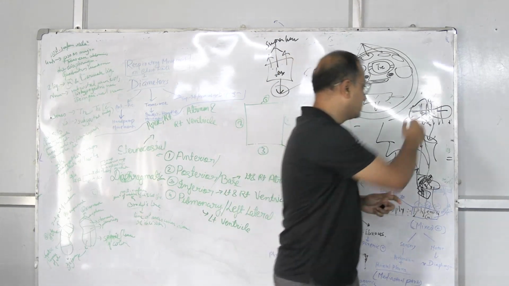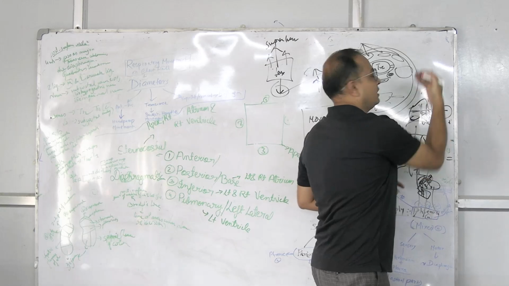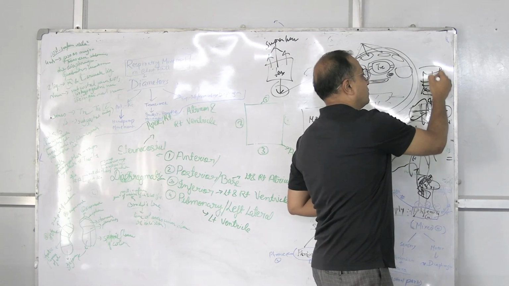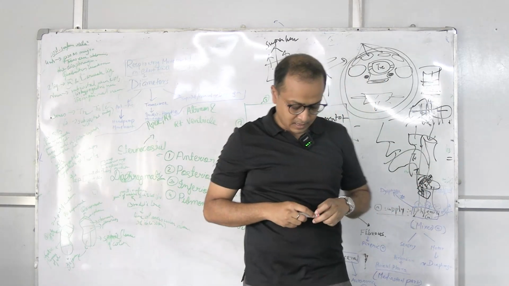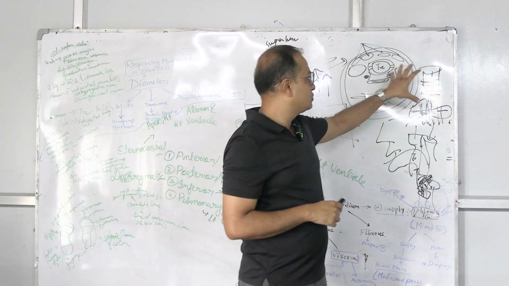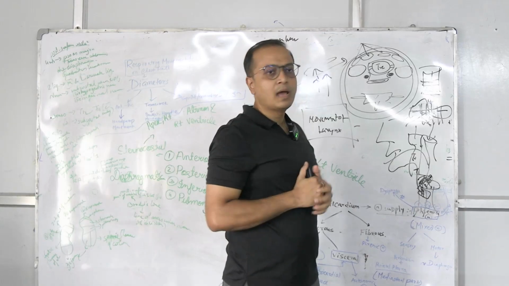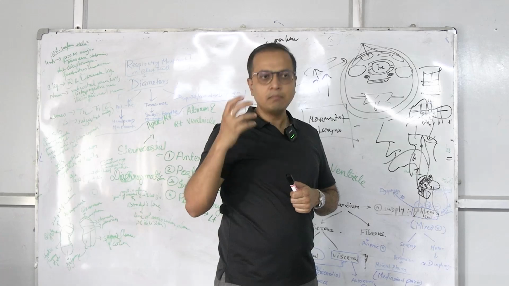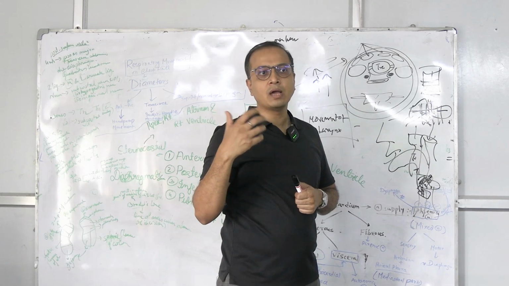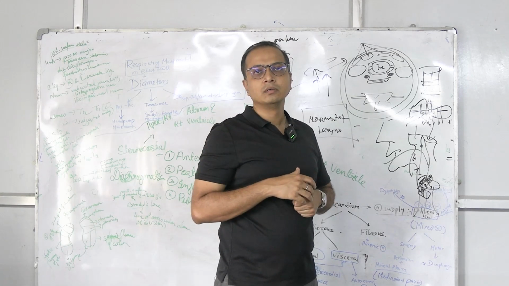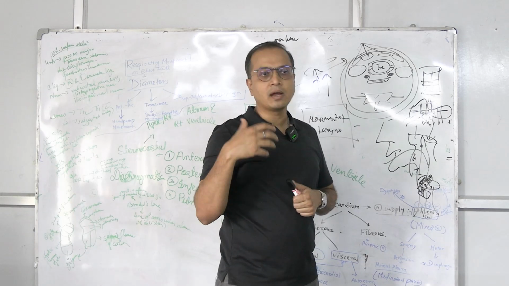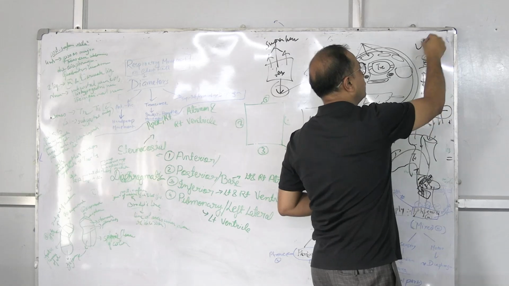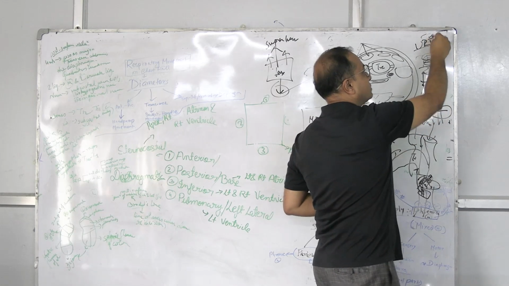The other thing here is that deep to the thyroid we have the trachea, which is the windpipe. Sometimes we may have an acute obstruction of the windpipe. For example, an edema or anaphylaxis or some kind of shock which leads to mucosal swelling and blocks the URT, the upper respiratory tract.